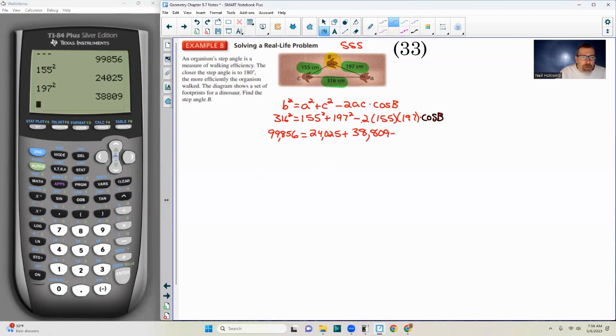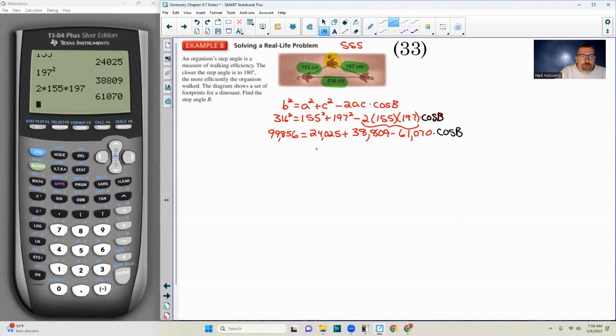minus, and then I'm just going to multiply all three of these together. 2 times 155 times 197. And hit enter. 61,070 times the cosine of b.